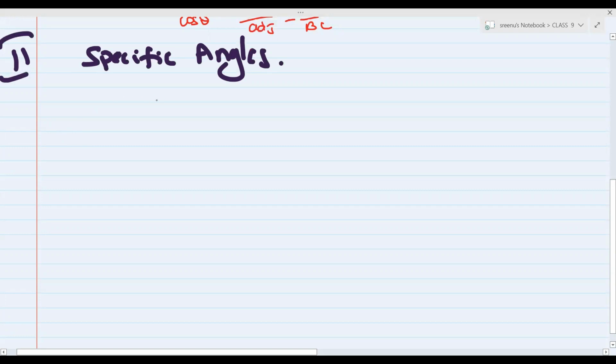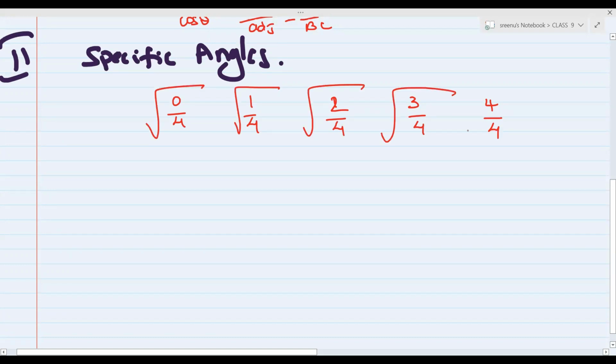Already I told you how to remember. Just take the first 5 whole numbers, divide them by 4, and then take the square root, 3 steps. So here you will get 0, here 1/2, here 1.